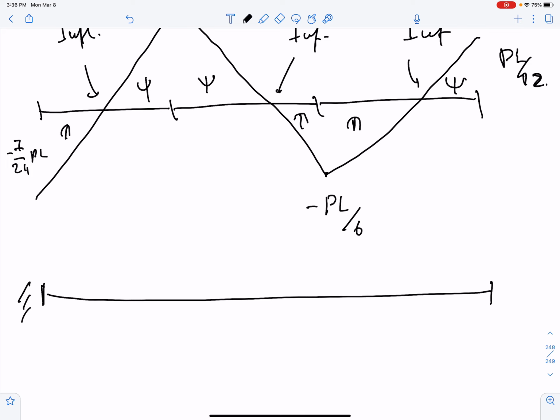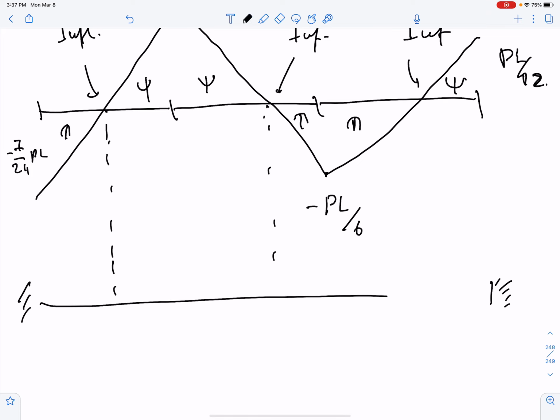You're cantilevered here. You start out with negative curvature. You go up to about there. Then at some point you change the curvature at the inflection point, and then you go up to the next inflection point with that curvature. Oh, apologize. Let's draw this again.